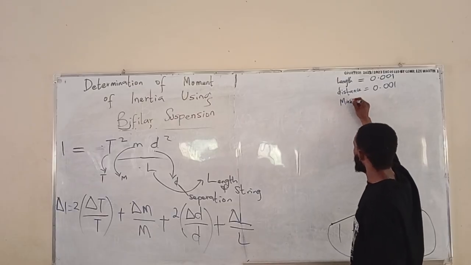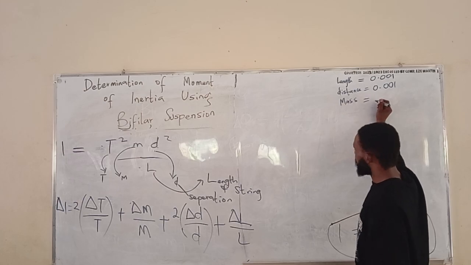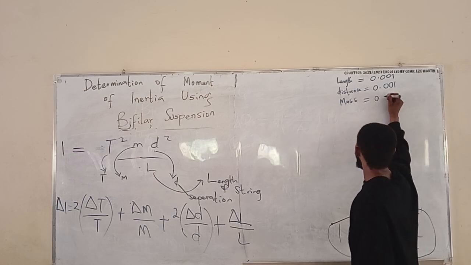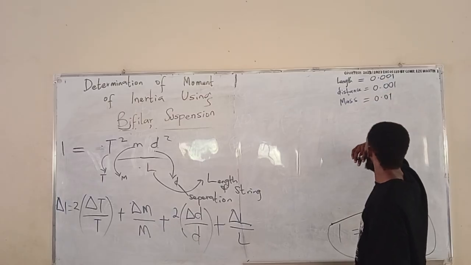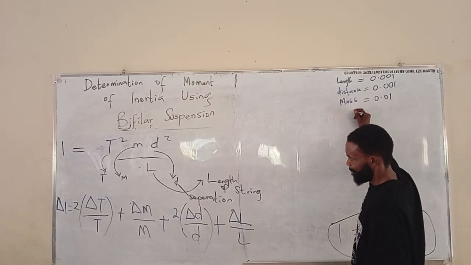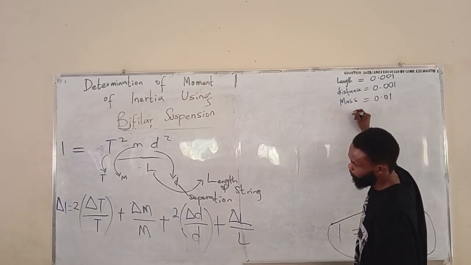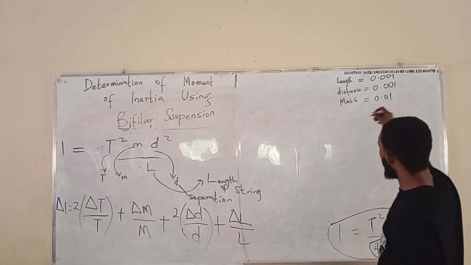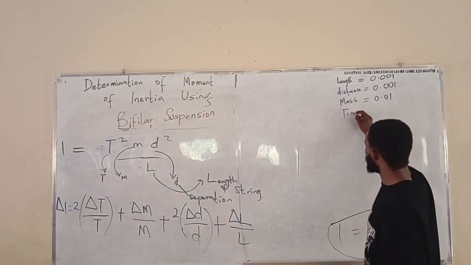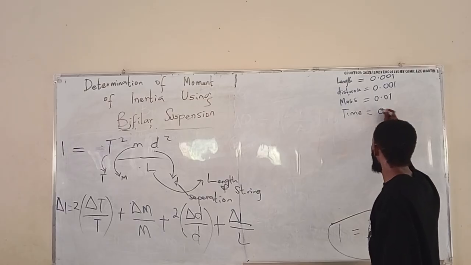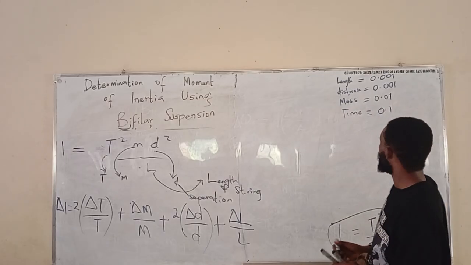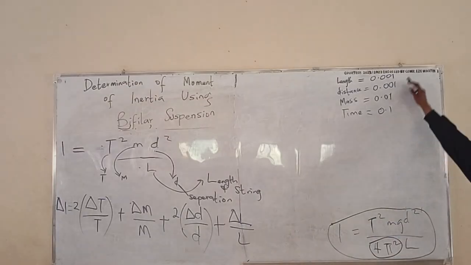For mass, of diameter rule, 0.01. Time normally is supposed to be 0.1, and I maintain 0.1. Do you know why I use 0.001?